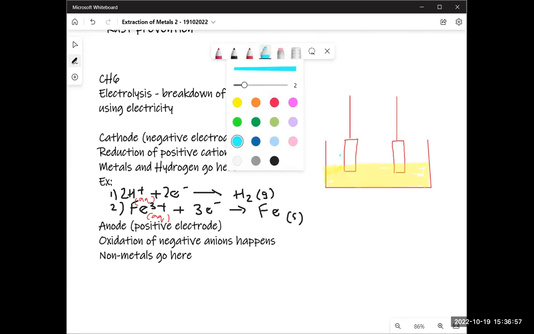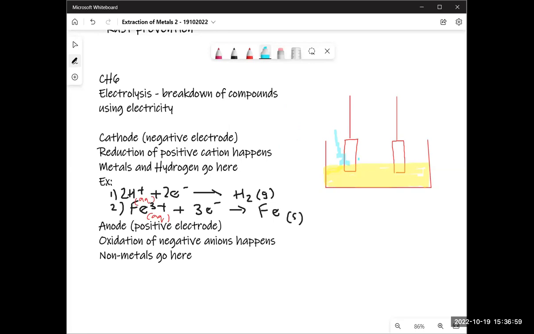And what happens is something blue will go up from here. Let's make this negative. Positive, negative.